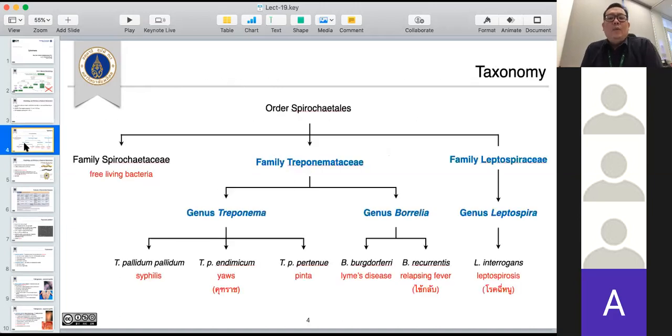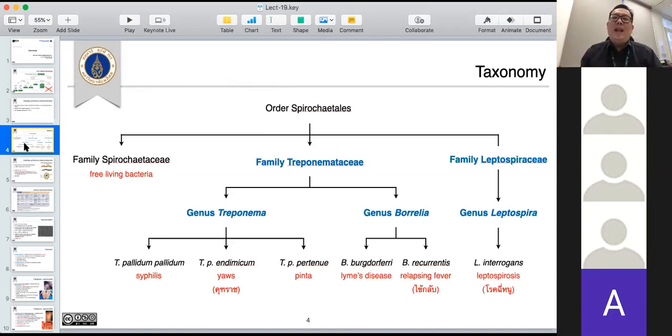When we talk about spirochetes in the first and second editions of Bergey's Manual, you still remember that Bergey's Manual covers the systematics of bacteria. They classify all spirochetes in one phylum, one class, and one order.